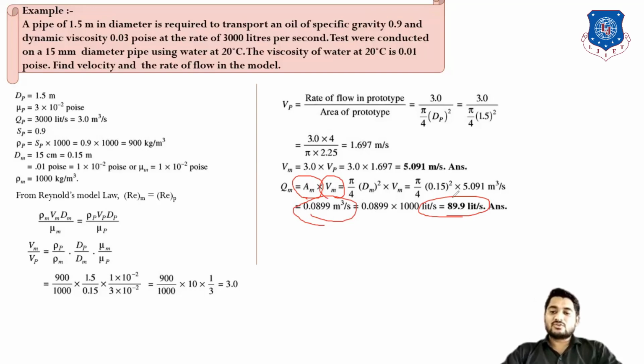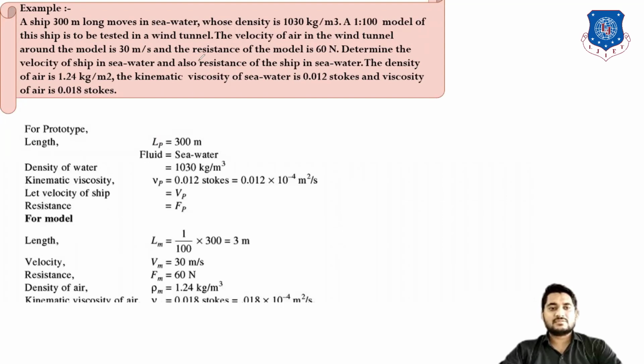If you want to find discharge in liter per second, then you have to convert meter cube into liter by multiplying by 1000, but it is not necessary. So 0.0899 will be your final answer for Q of model. Clear? So let us solve another example based on it.